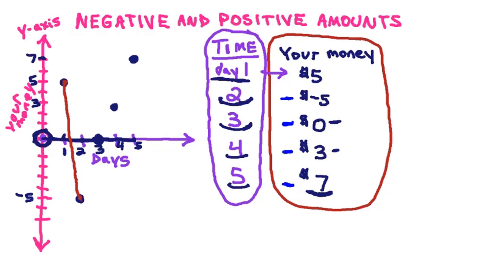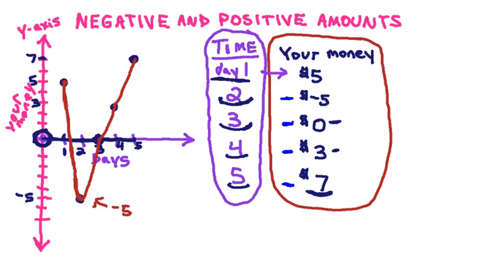And then day 3, we had $0, so we're going to come up to the 0. And then day 4, you had $3, and then day 5, you had $7. So this makes kind of a V-shape, because down here you were in the hole. You had negative $5. So this makes kind of a V-shaped graph.